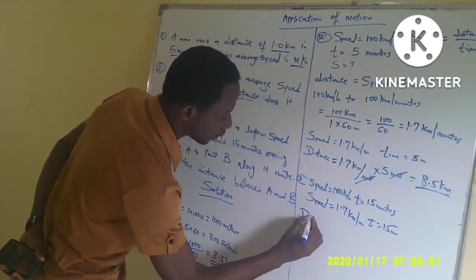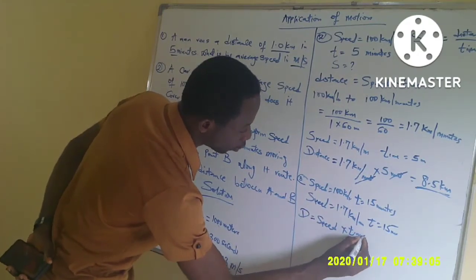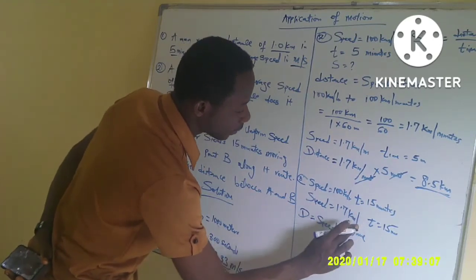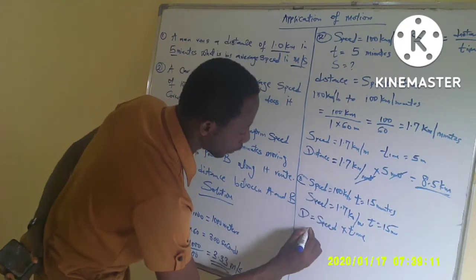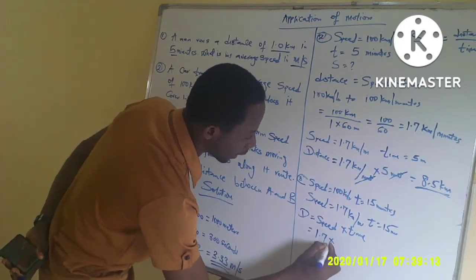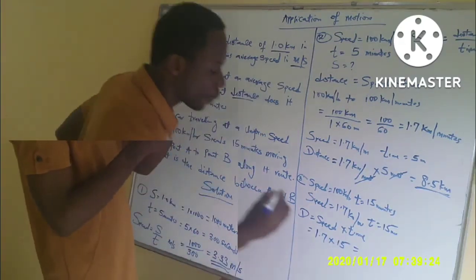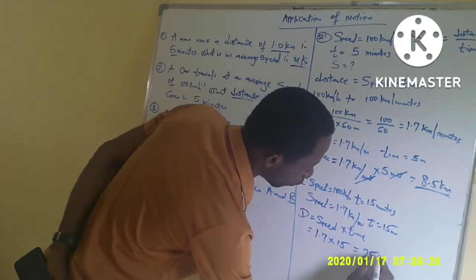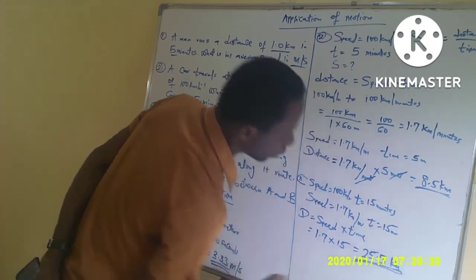Remember, the distance is equal to speed times time. Our speed is 1.7, so 1.7 times 15 gives us 25.5 kilometer.